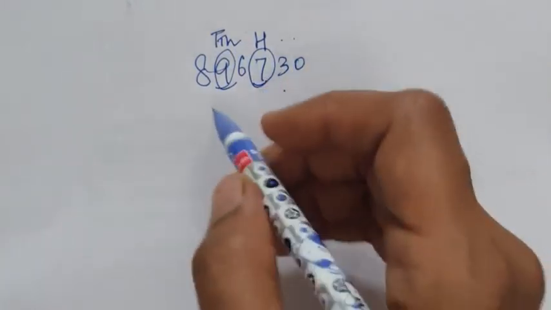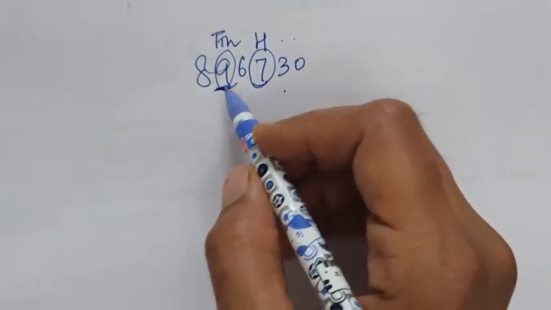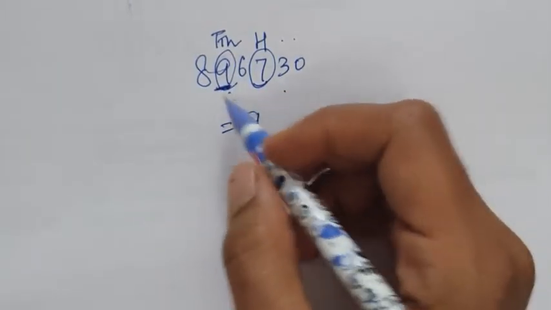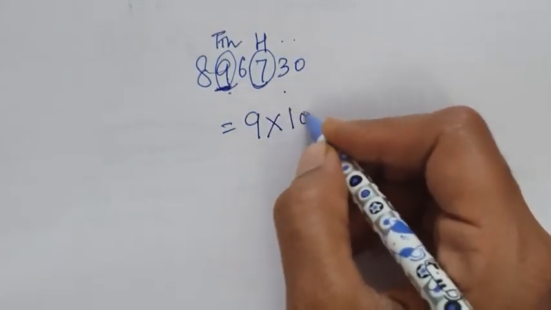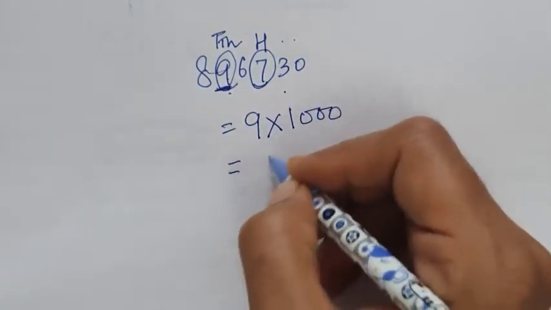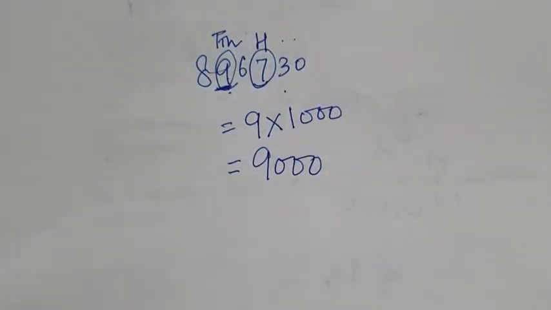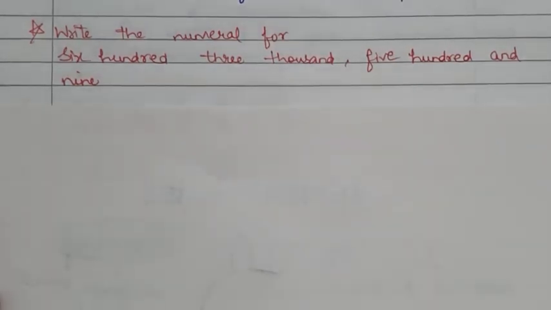Now we have to find its place value. Place value of any digit is equal to the digit, that is the face value, times its place, that is the thousands place. So what we get? We get 9,000. Clear?